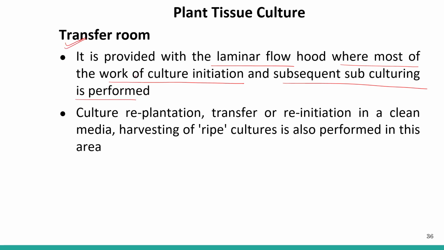In the transfer room, you transfer the nutrient media or the culture, right? So the culture replantation, transfer or reinitiation in a clean media. When you are transferring, there should not be any contamination, so your transfer room should be in a properly sterilized condition. The harvesting of the ripe culture is also performed in this area.